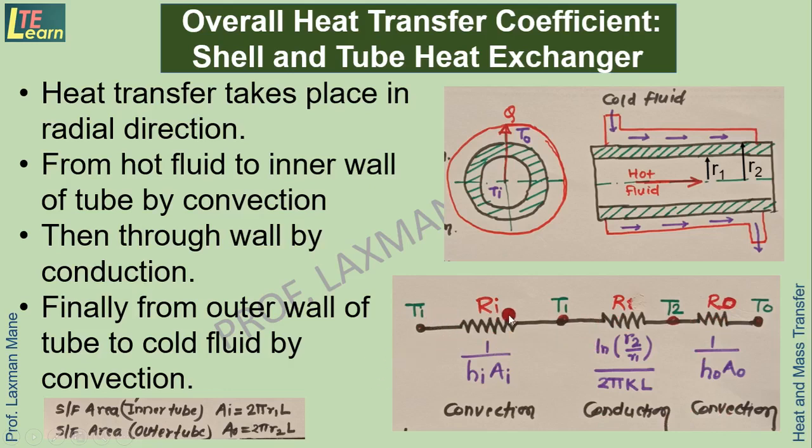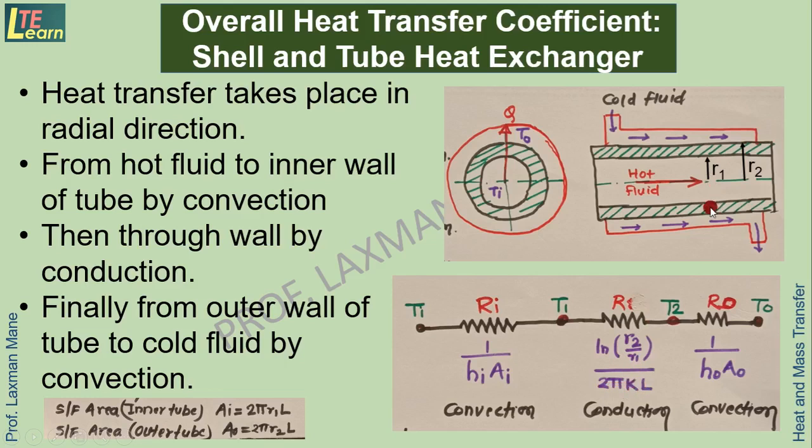The first thermal resistance is between the inside fluid temperature and the inner surface wall temperature T1, that is Ri for the convection. Its formula is 1 upon Hi Ai. The second thermal resistance is for the wall, R1. Its formula is natural log R2 by R1, the ratio of outer radius and inner radius of the tube, divided by 2 pi KL.